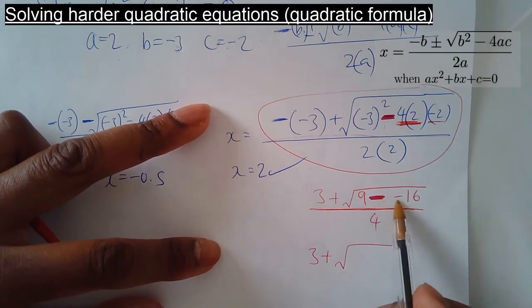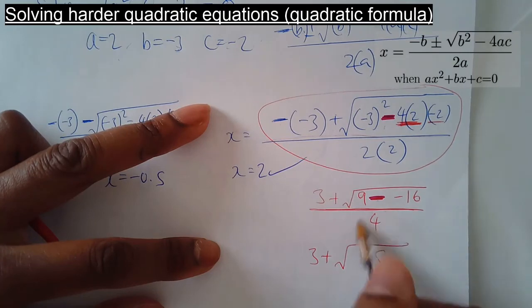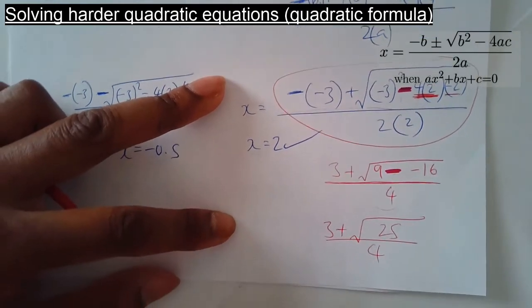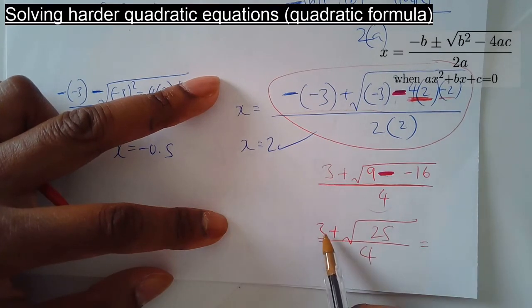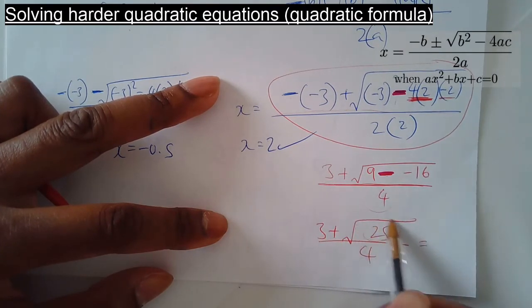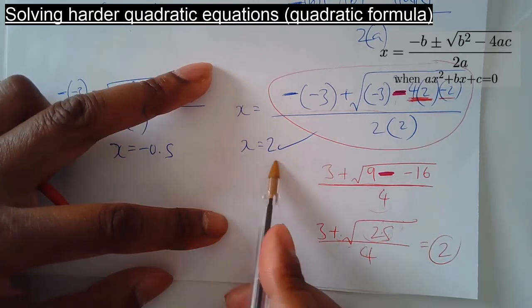Two negatives make a positive, so that'll be 9 add 16 is 25 over 4. So what does that give us now? That's 3 plus, well, square root of 25 is 5, 3 plus 5 is 8, 8 divided by 4 is 2. That's what we had over here.